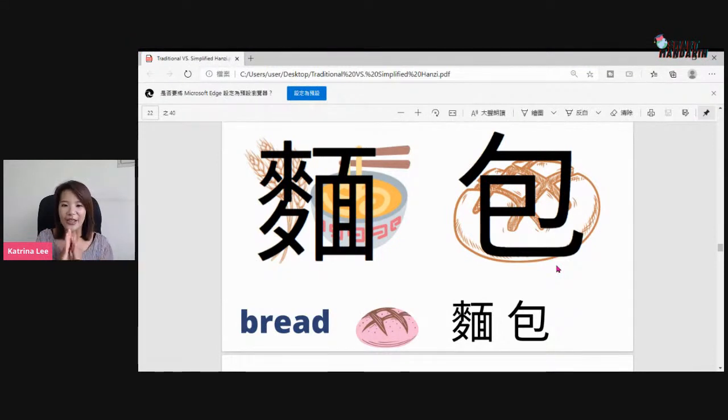Okay, so let me know if I'm clear so far. I'm so afraid that I'm not clear enough. 我这样讲有清楚吗? Let me know in the comment if you understand what I say so far. Am I being clear with the explanation? If not, let me know which part you don't understand. I really want you to understand what I'm saying.